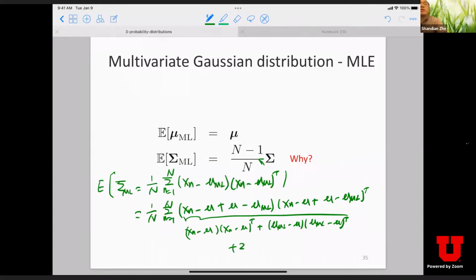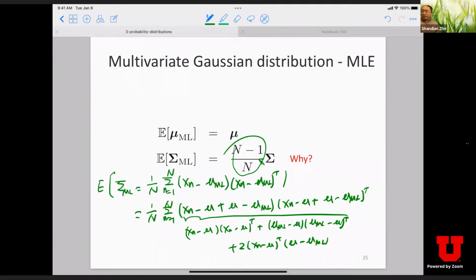The cross term will be x_n minus mu times mu minus mu_ML transpose. Then you can do the summation and average over each of these three terms, and take expectation. You will see it's relatively straightforward to get this factor n minus 1 over n.